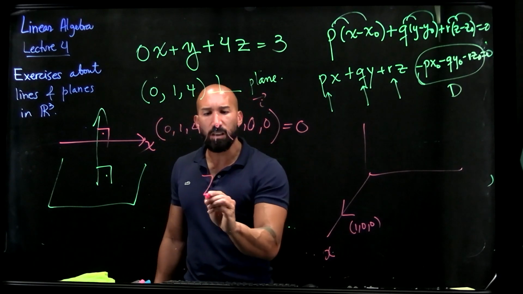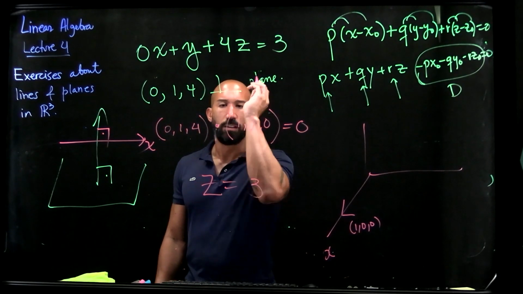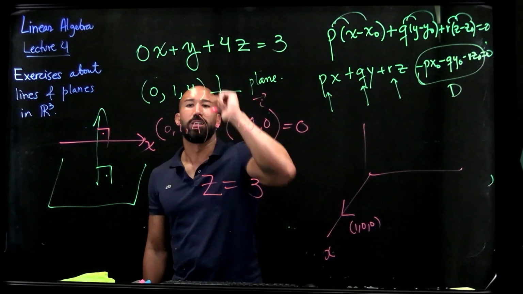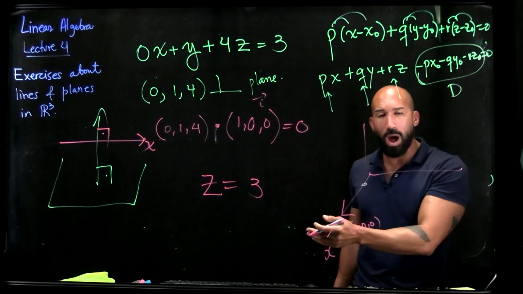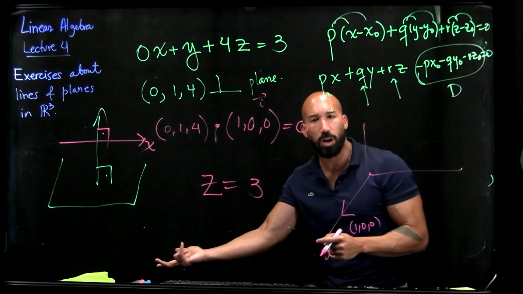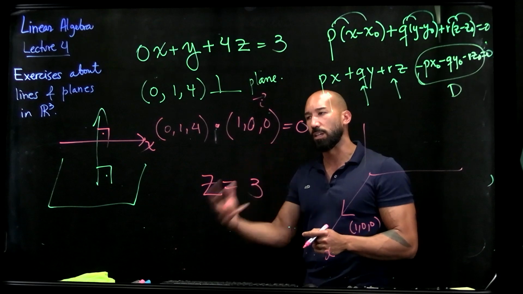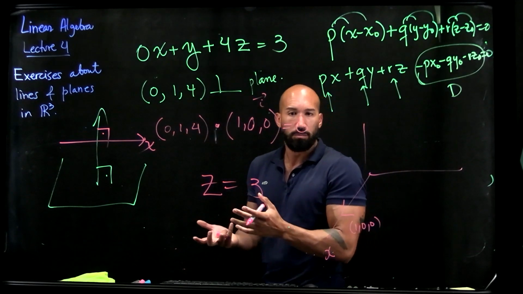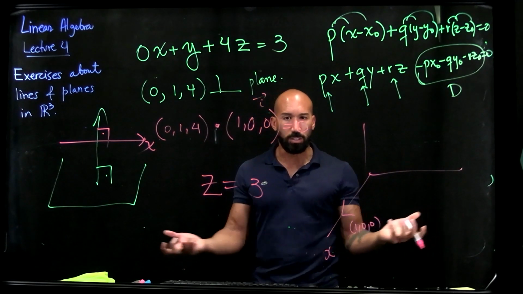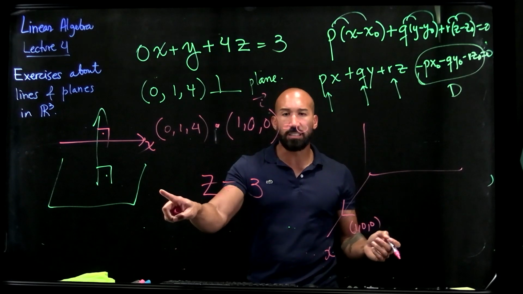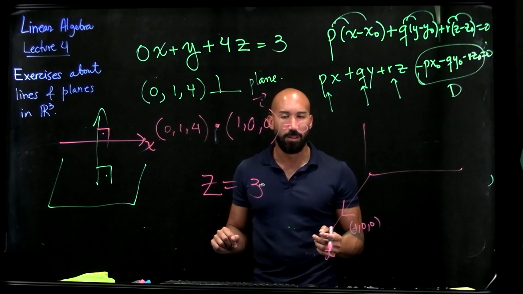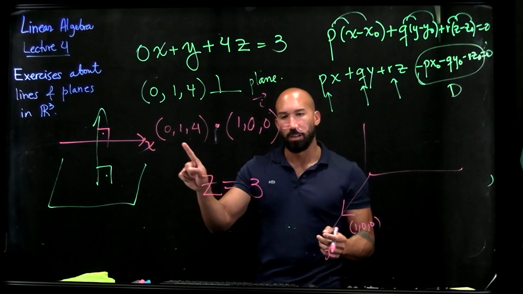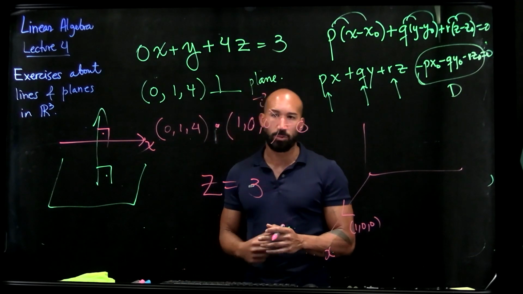But what happens if I give you this? Not only is the coefficient for x 0, the coefficient for y is also 0. So not only is x not appearing, y is not appearing in my equation either. What I need to do is put the two pieces together. If x is not appearing, my plane is parallel to the x-axis. If y is not appearing, my plane is also parallel to the y-axis.